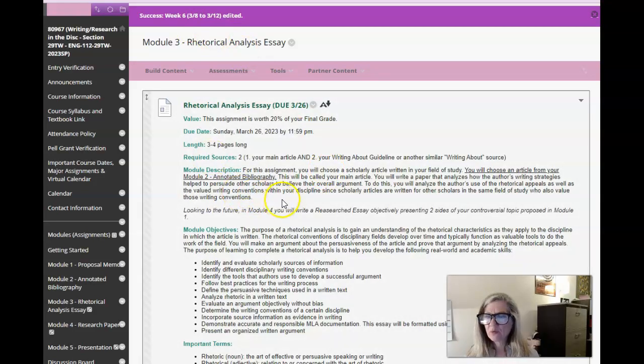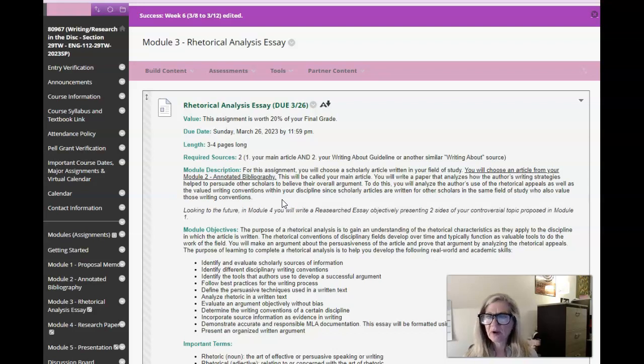So I want to go over this particular page when you first click on Module 3, and let's talk about what a rhetorical analysis is, what you are looking to do and learn from this module. If you took 111 at Coastal, you did an essay that was called a visual rhetorical analysis.